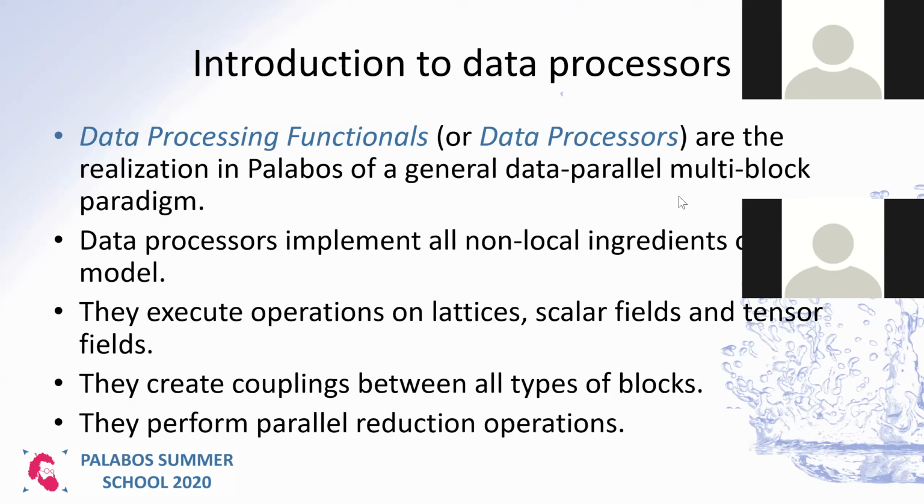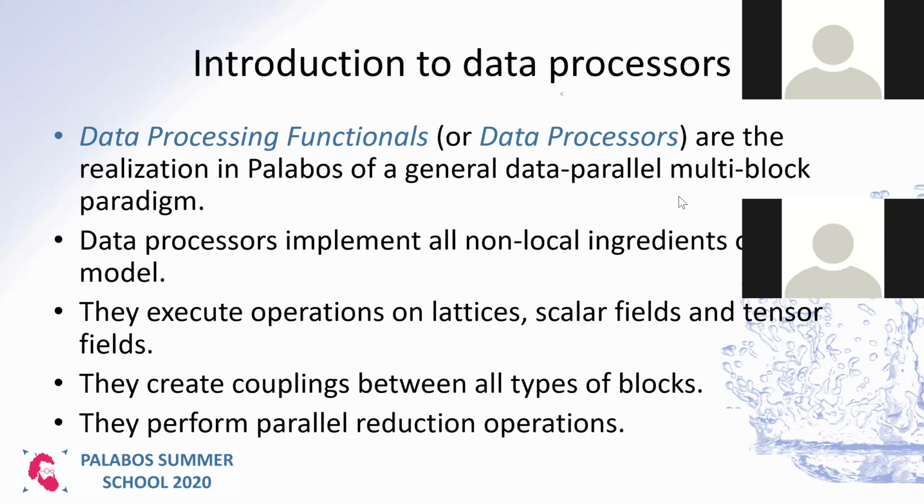So those fields are distributed over many cores of a computer, and you want every core to do the same thing on a different part of this data set. That's what the data processor is doing. We use it for everything which is non-local, because for local operations, implementing a new collision scheme is more efficient.